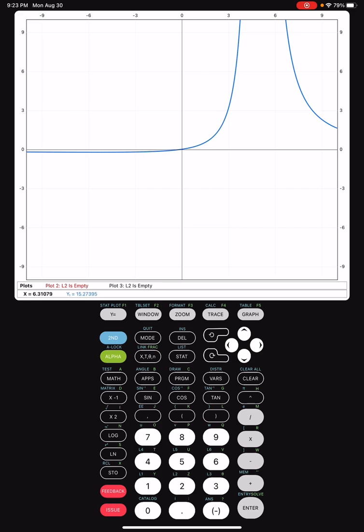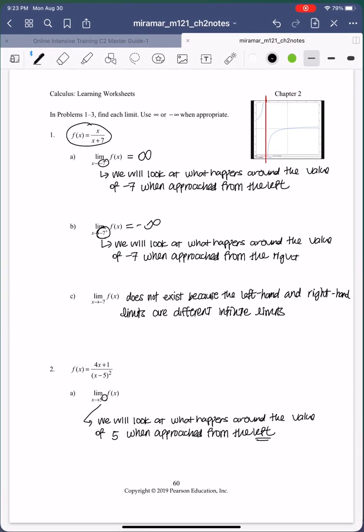So it looks like from the left-hand side of 5, the function gets bigger, so infinity. Same thing here. As it gets close to 5 from the right-hand side, it gets bigger, bigger, bigger. So both of them end up going to positive infinity.